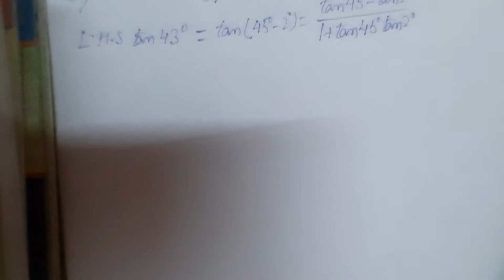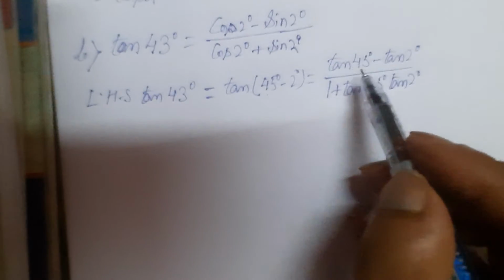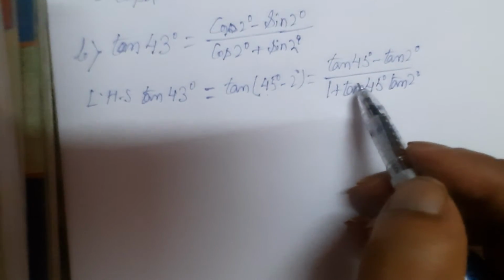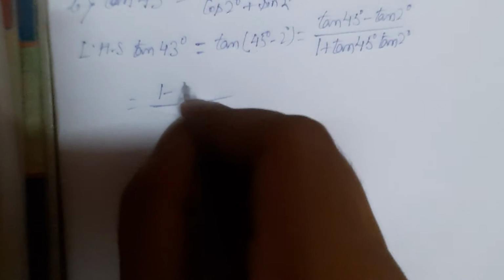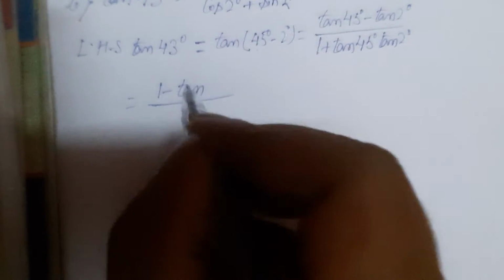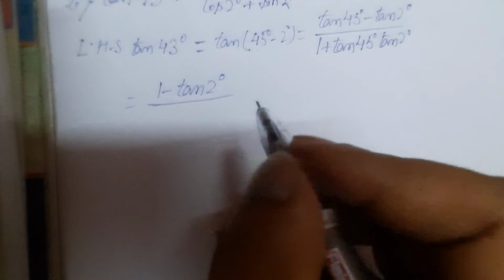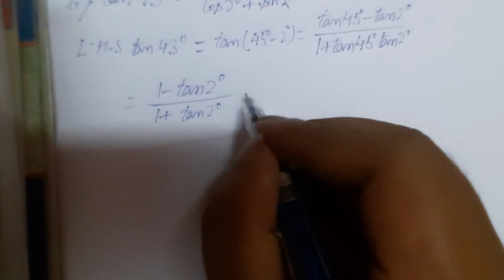You can put the value of tan 45 now. What is the value of tan 45? The value of tan 45 is 1. So you can write 1 minus tan 2 degree by 1 plus tan 2 degree.